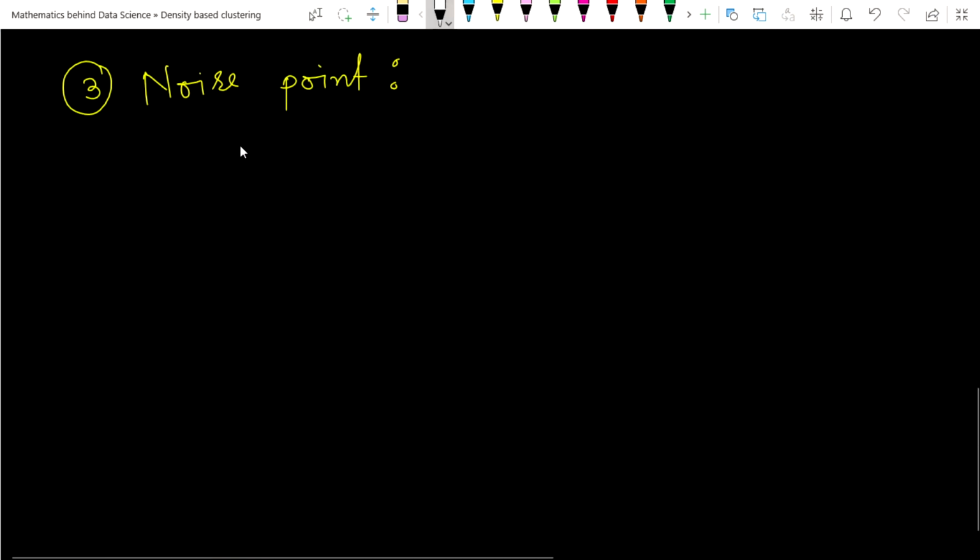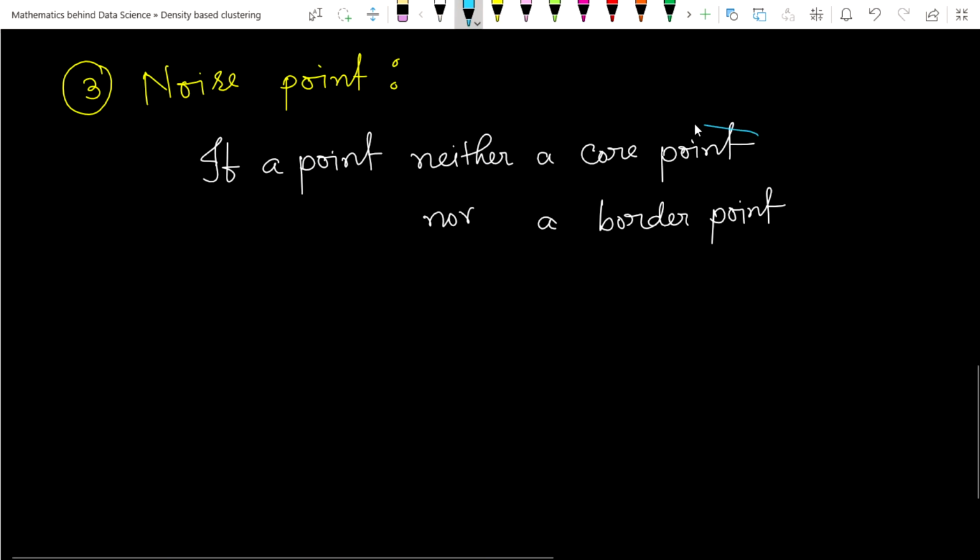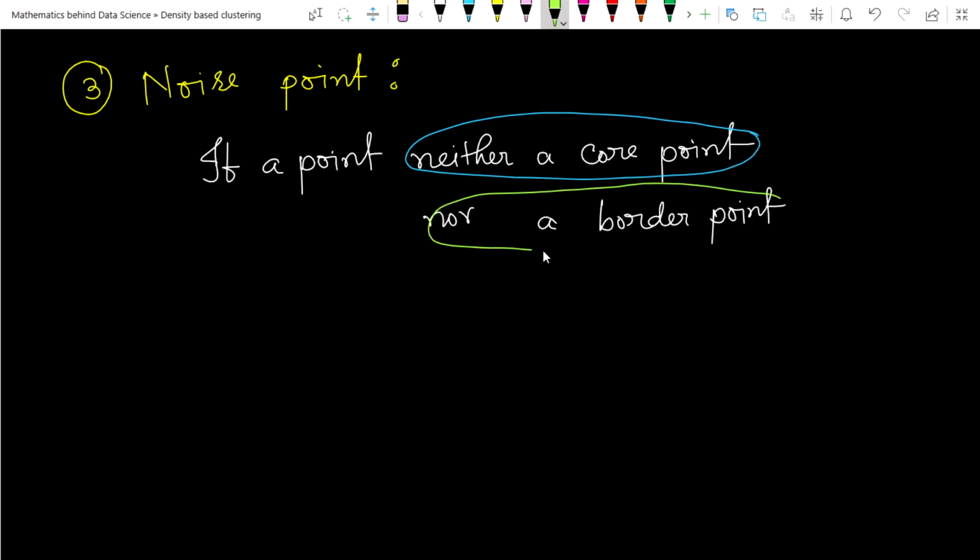The first condition is neither a core point, the second condition is nor a border point. Then this point is called the noise point.